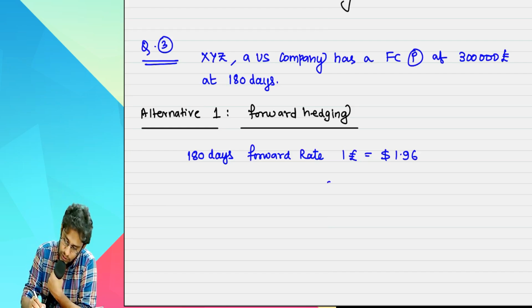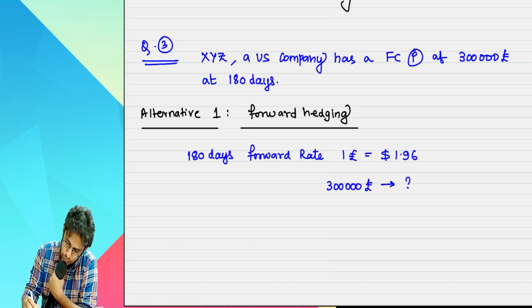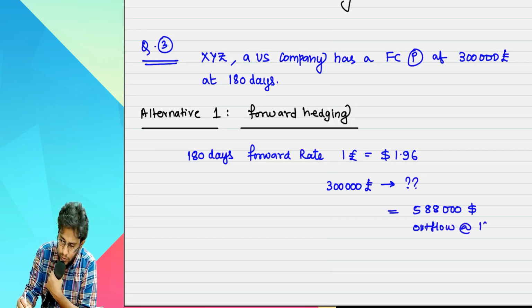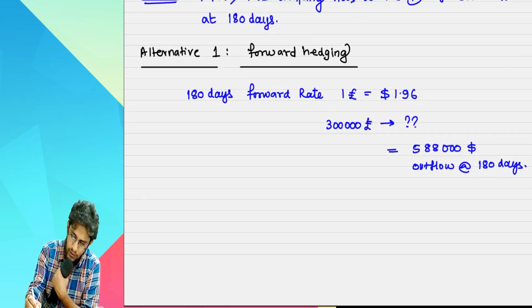So how many pounds we need? 3 lakh pounds. So sort out this. 5,88,000 exactly. Okay, this is dollars. This is your outflow at 180 days. So one of the models of hedging is done.